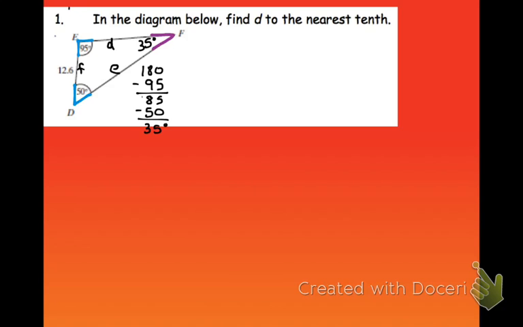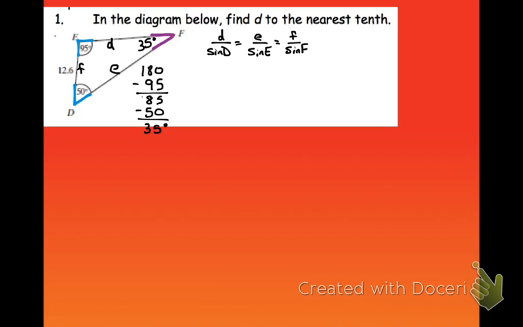So if we manipulate that law of sines, it would be d over sine D equals e over sine E equals f over sine F. And then I would plug in what I know.